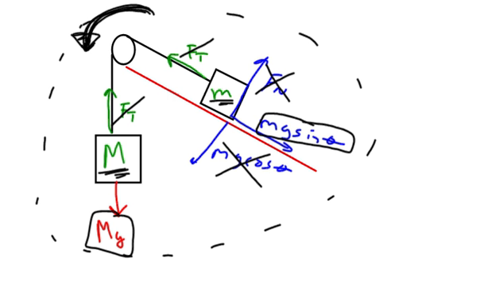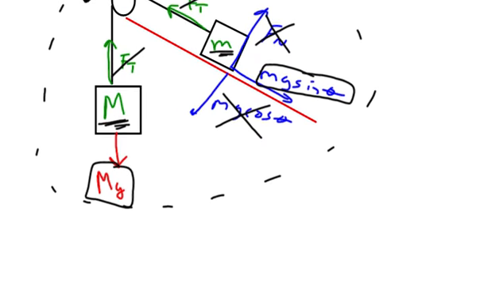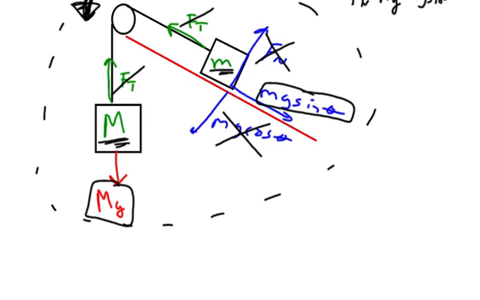So the net force equals big Mg minus little mg sine theta. Well, what we know about net force is that net force equals mass times acceleration.